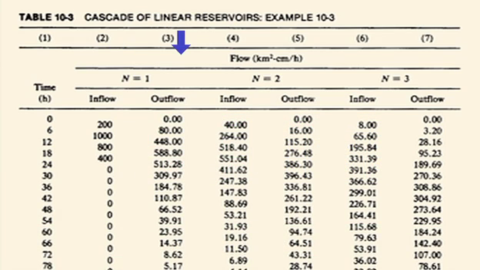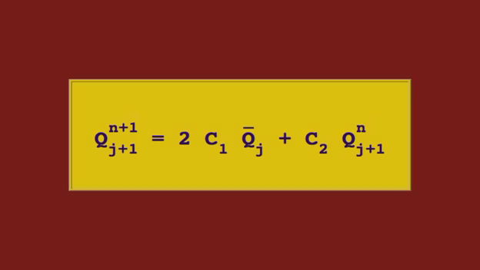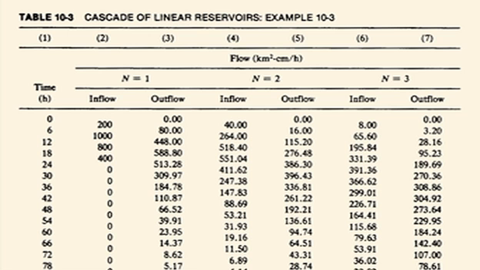Column 3 is the outflow from the first reservoir, calculated with the routing equation shown here. Column 4 is the inflow to the second reservoir, calculated as the average of the outflows from the first reservoir. Column 5 is the outflow from the second reservoir.